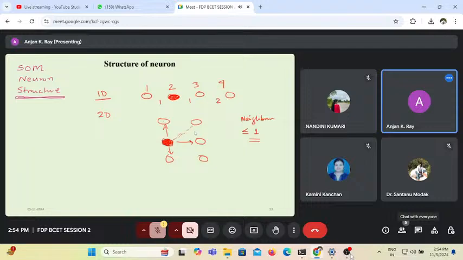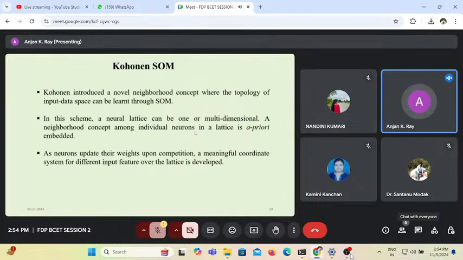Now, Kohonen introduced this novel neighborhood concept where the topology of the input data space can be learned through SOM, as we observed through this video. In this scheme, the neural lattice can be one- or multi-dimensional, as we discussed. A neighborhood concept among individual neurons in a lattice is a priori embedded. A priori means we are defining the structure, whether one-dimensional or n-dimensional.